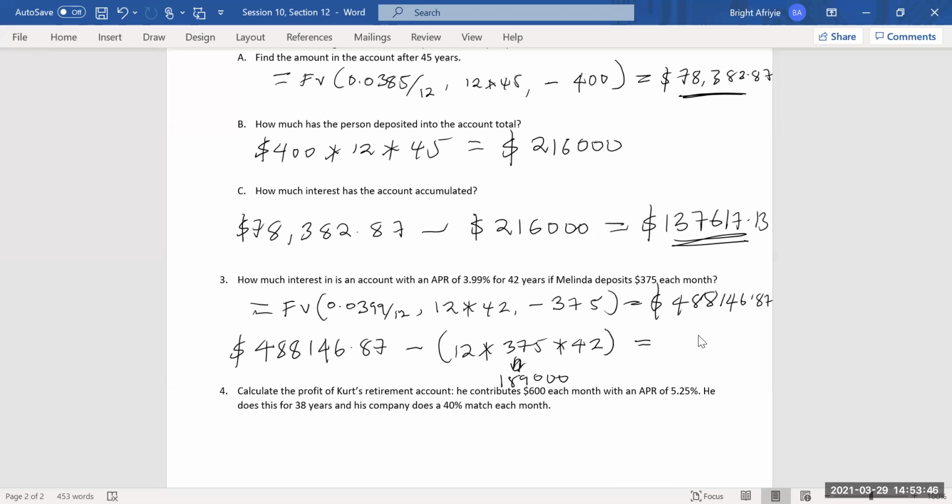Okay, so take that from 488,146.87, and then you have the interest to be 299,146.87, and this is the interest that would have accrued on Melinda's investment over 42 years.